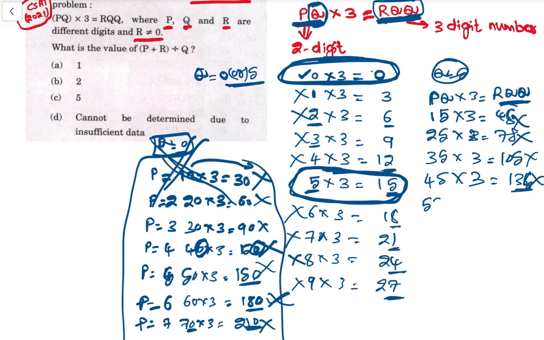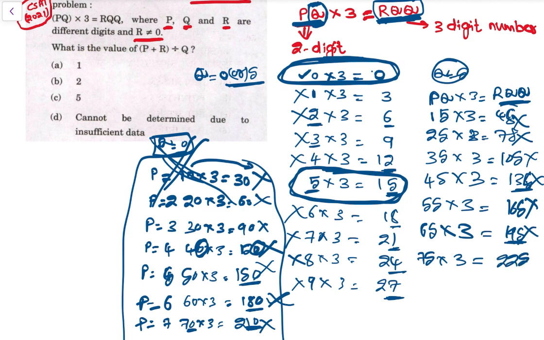Then 55 into 3 is 165, so this is not it either. Then 65 into 3 is 195, so this is also not the case because the q digits are not equal. Then 75 into 3 is 225, so the q digits are not equal, so this is not the case.